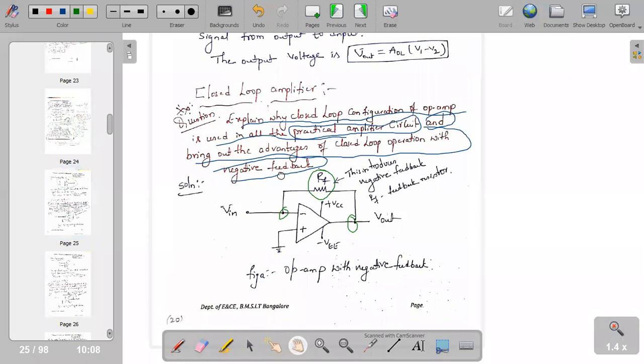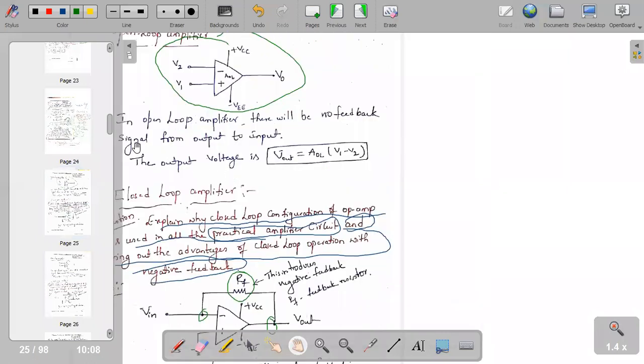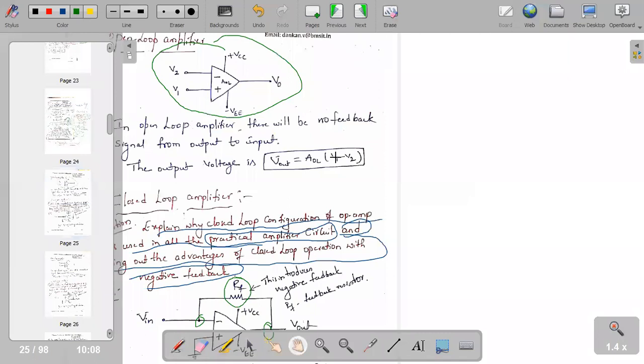See, the answer for this question, observe here. When you look at this open loop connection, what is V out? Generally the expression for V out here is AOL into (V1 minus V2). From this expression, what is the gain value?